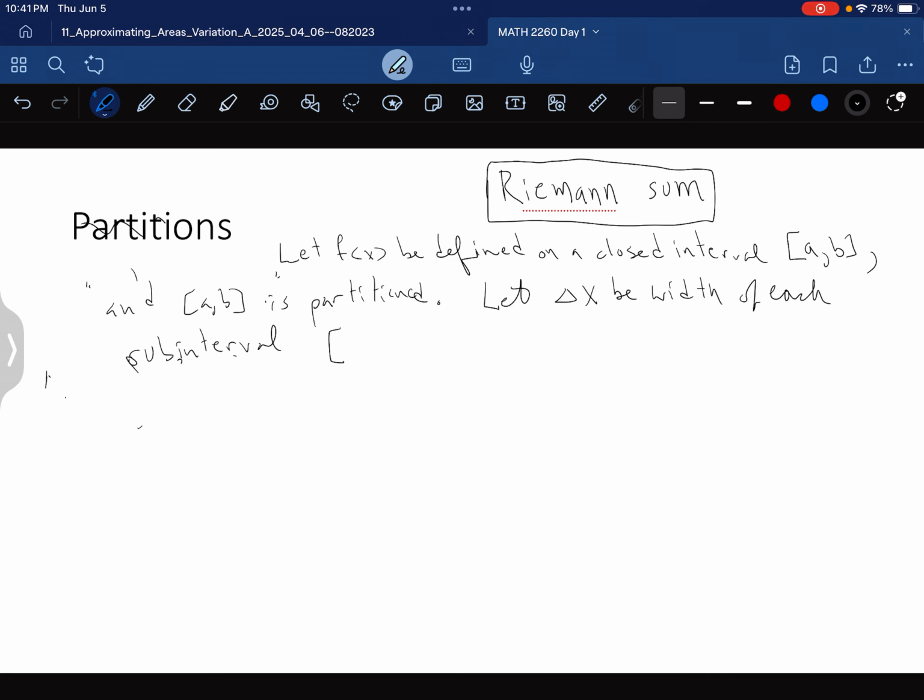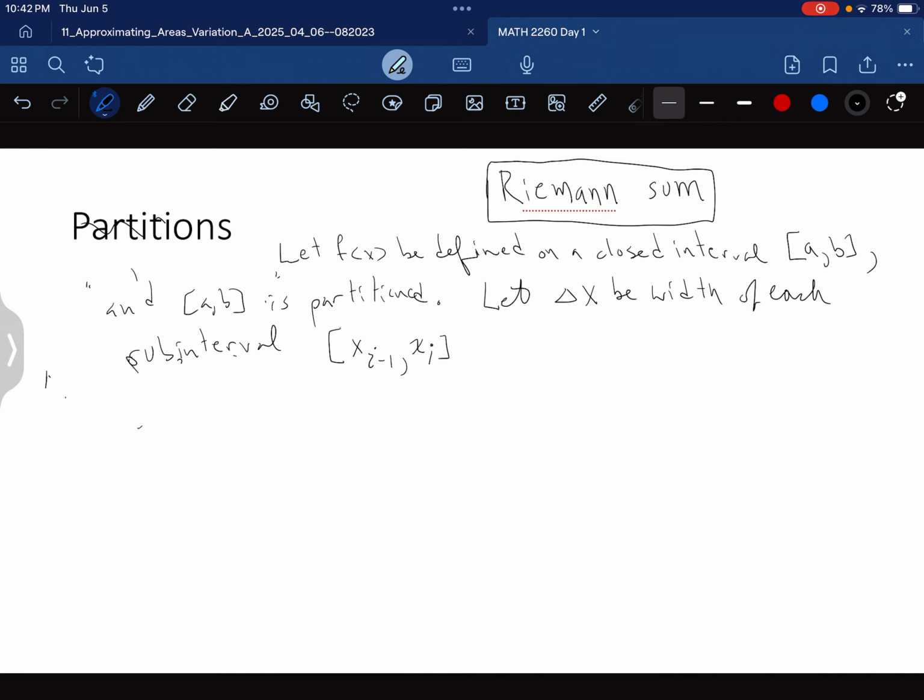And each subinterval can be expressed abstractly as follows: x sub i minus 1 to x sub i. So this would start at x0 to x1, x1 to x2, and that would be our partition.